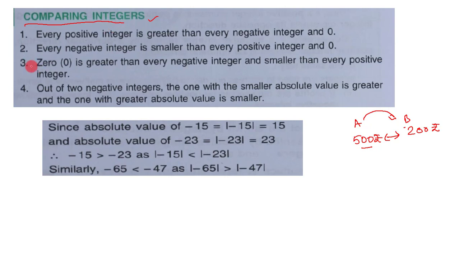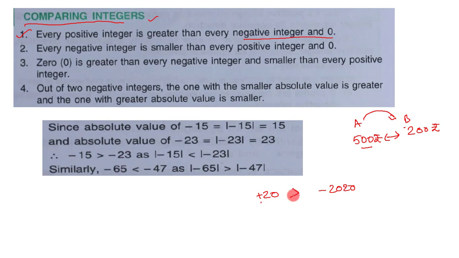The first concept is that every positive integer is greater than a negative integer and 0. If they ask which is greater between 20 and minus 20, you should check the sign. The first number has a positive sign and the second has a negative sign, so the one with the positive sign is greater.